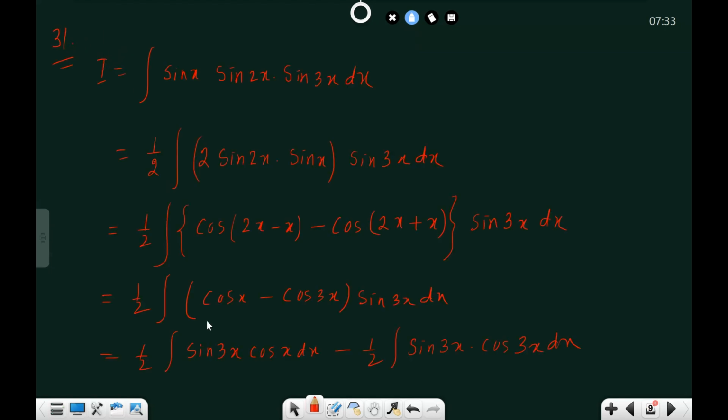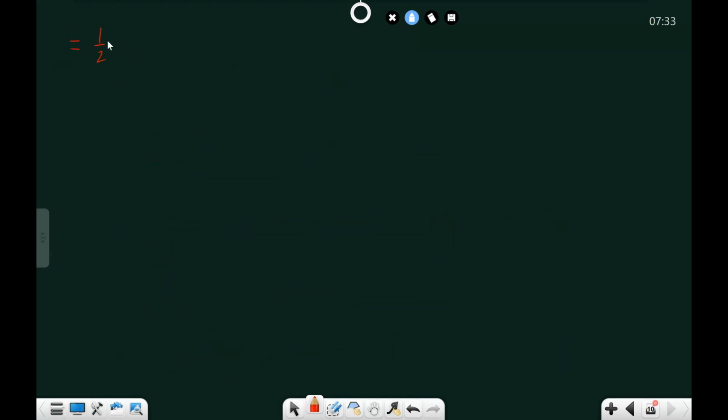You see here again, to get formula from this I needed 2 here also, so you write integration of 2, what is the function?